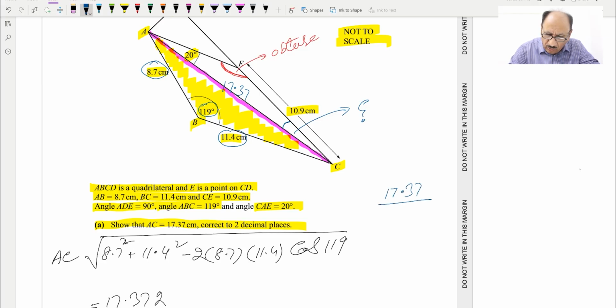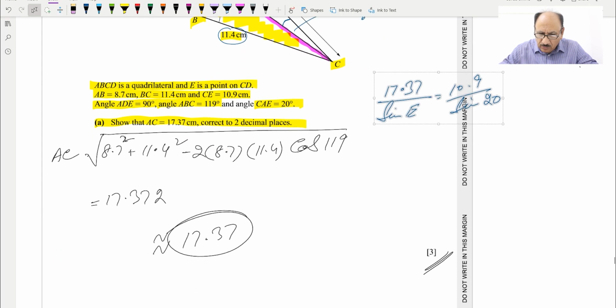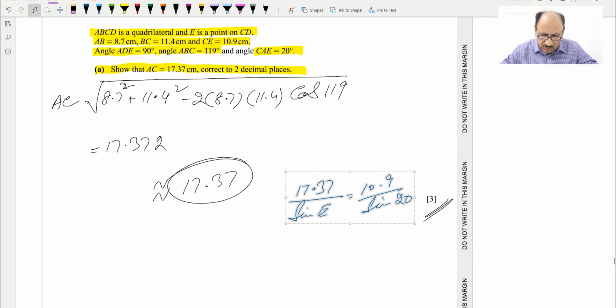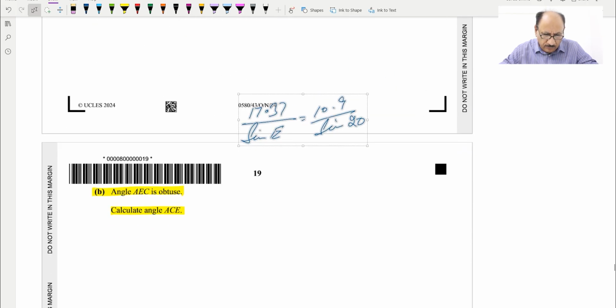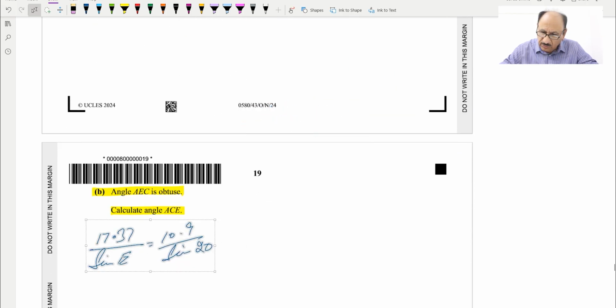17.37. I will solve here and then I will shift it. So sine of angle E is equal to length is 10.9 over sine of the other angle, which is 20, and this one we can shift to the other side, basically at the proper place over here, and I will solve this.